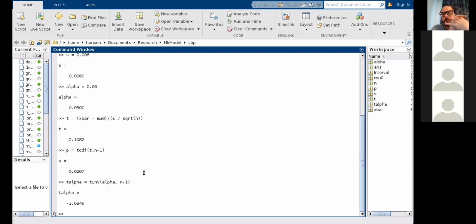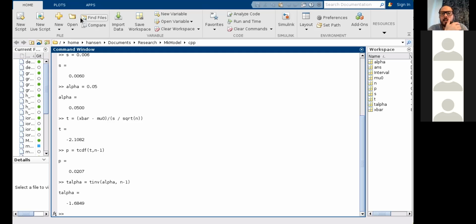Can I ask why we use the alpha and not alpha over 2? Well, I could use alpha over 2. I'm using alpha now because I'm hypothesizing that if it has changed, it's become smaller, right? I'm using the one-sided test here.